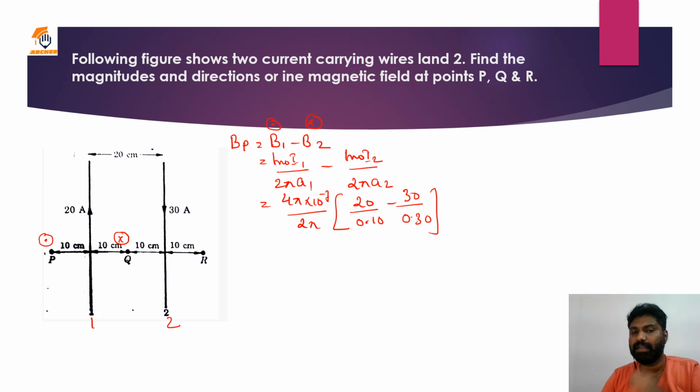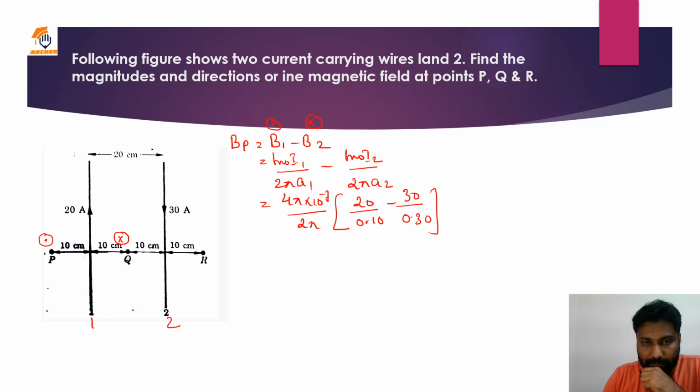How did this 20 and 30 come? See, here we will have I1 and I2. I1 is 20, I2 is 30, right? Then here A1 and A2 is there. That is the distance from the point to the conductor.